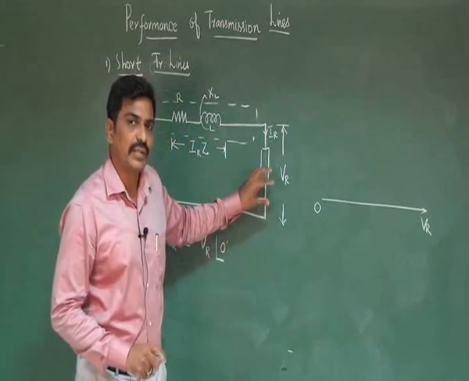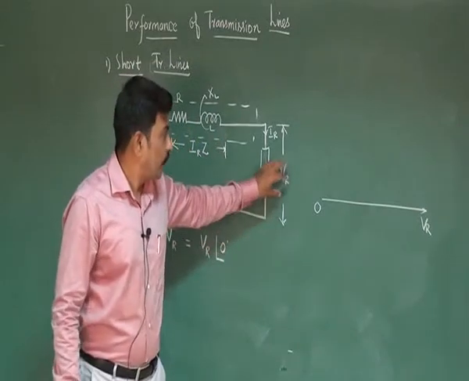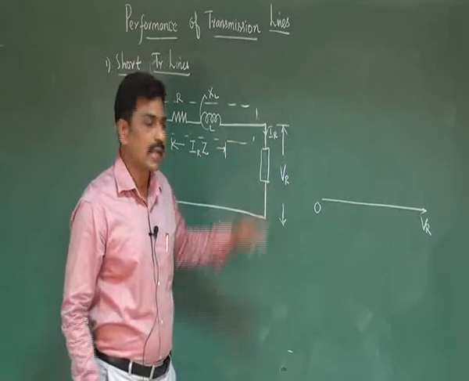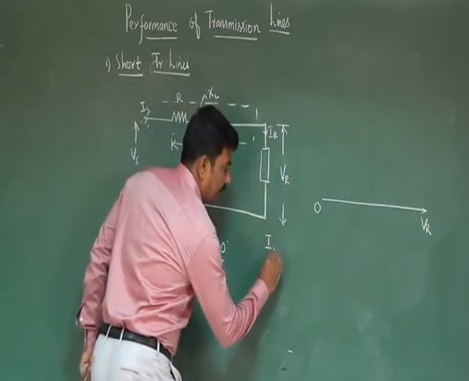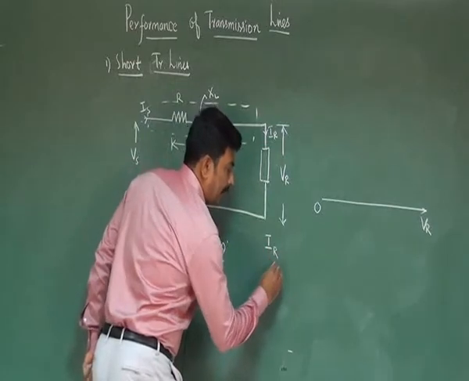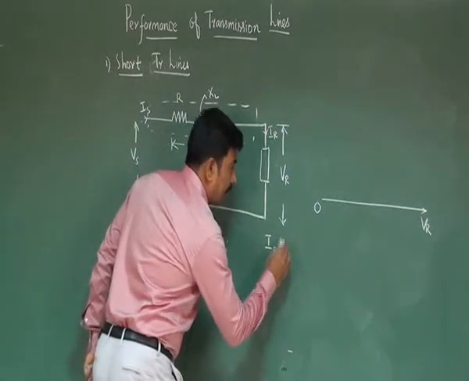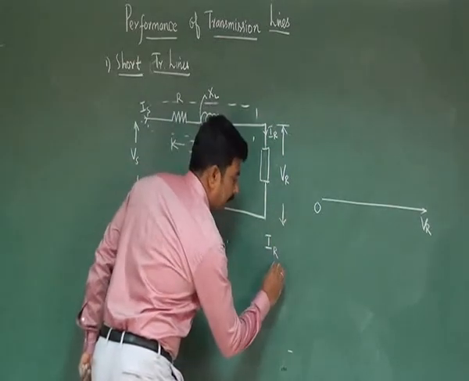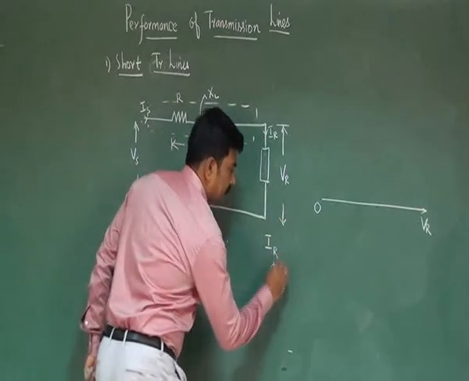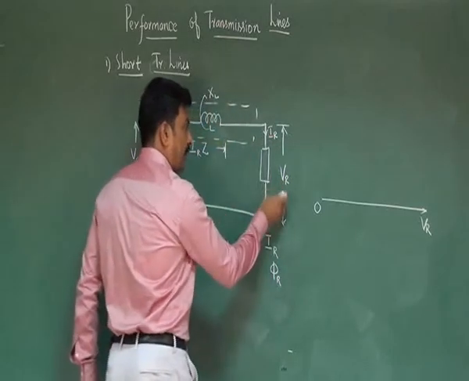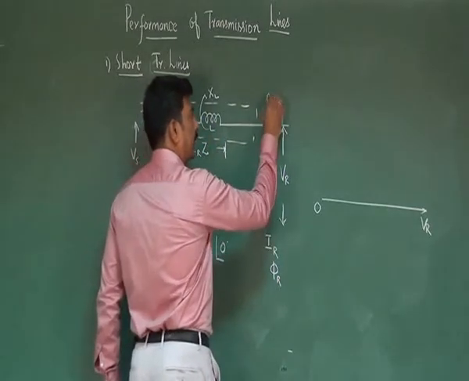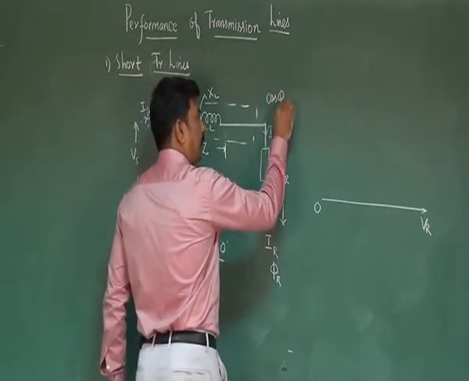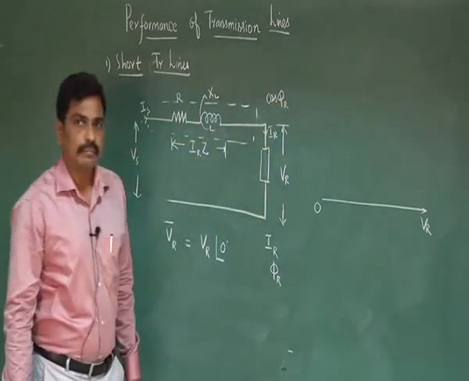So we have two vector quantities at the receiving end. One is Vr and another one is Ir. Actually, Ir is the load current or receiving end current, which is lagging Vr by an angle phi r. That is, we have two quantities Vr and Ir. From these two quantities, you can get the value of receiving end power factor cos phi r.